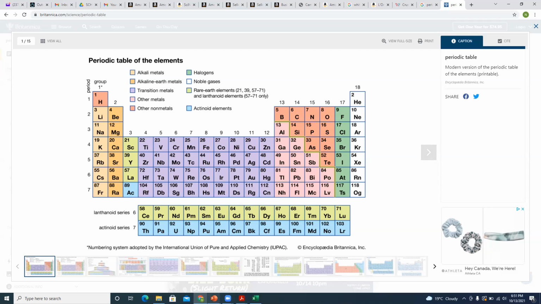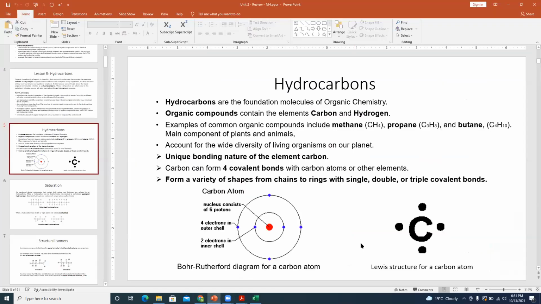And so if we look at the rule for how to fill in the shells from before, remember it was 2 followed by 8. Here are 6 electrons. 2 of them go into the first shell, and that's all this can take.